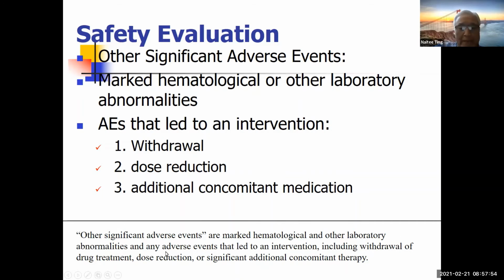Some lab abnormalities or AEs lead to these, but they are not really very strong actions. I think withdrawal is a very consequential action, but dose reduction and concomitant medications could be common depending on the protocol design.